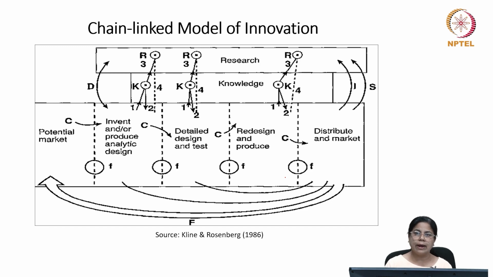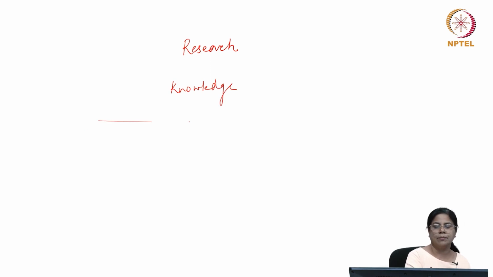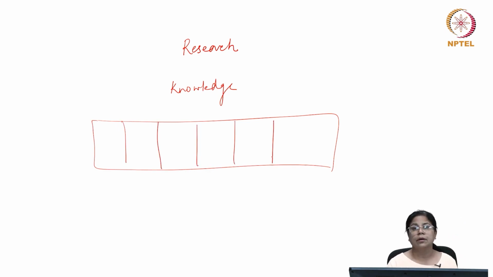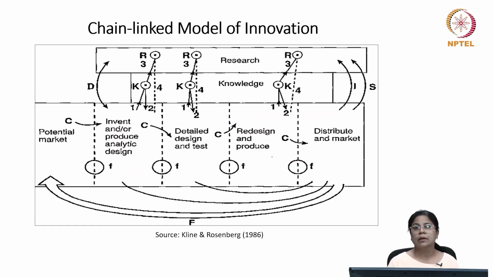So let us first look at this without going into the arrows. If you don't go into the arrows, what do we have? We have research at the top, then we have knowledge, and then we have certain boxes here. How many of them? There are 5 of them.